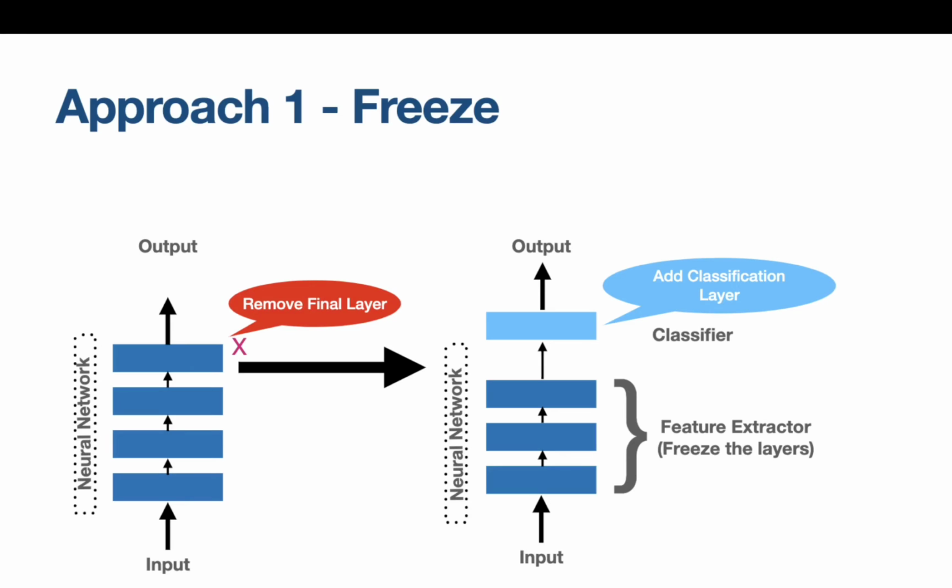We remove the topmost layer from the source network and replace it with a custom classifier layer, because the topmost layer generally classifies the object.